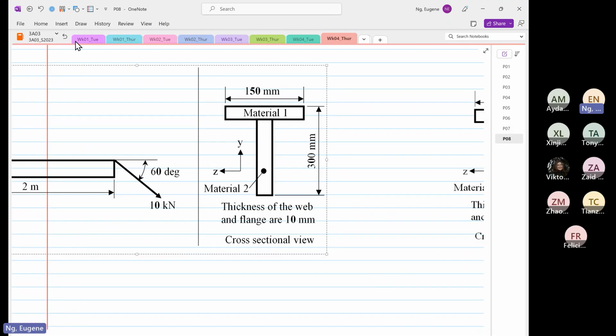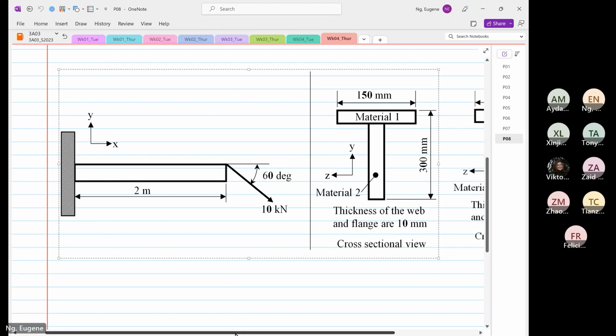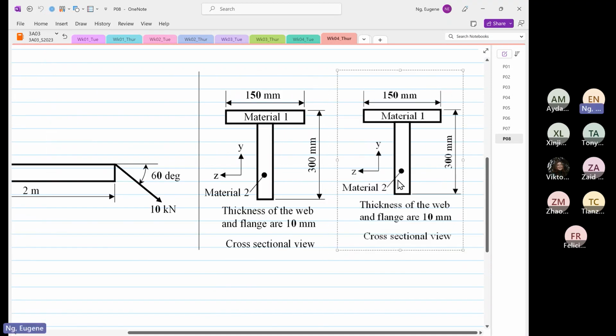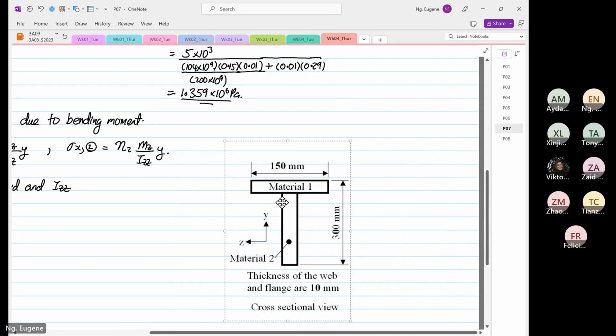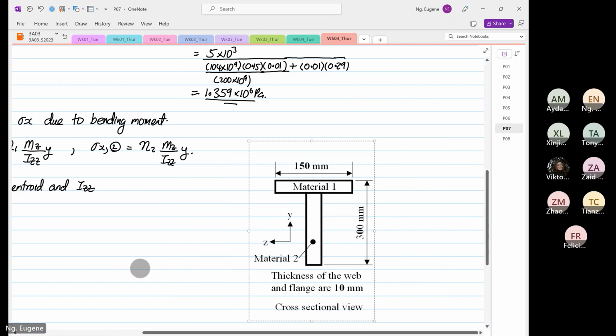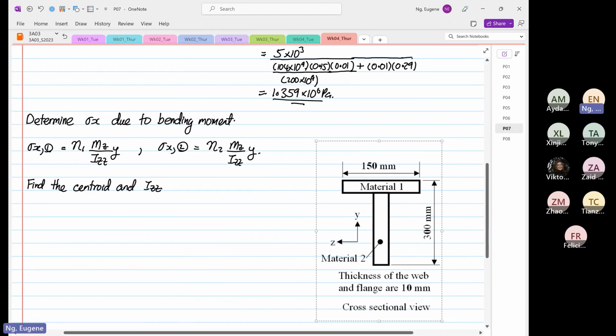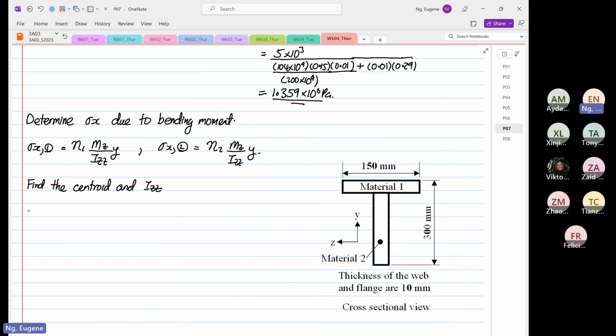Okay, so hold on. We're going to focus on this cross section now. Okay, so we are going to find the centroid and Izz. So we're going to select material number 1 as the reference material.